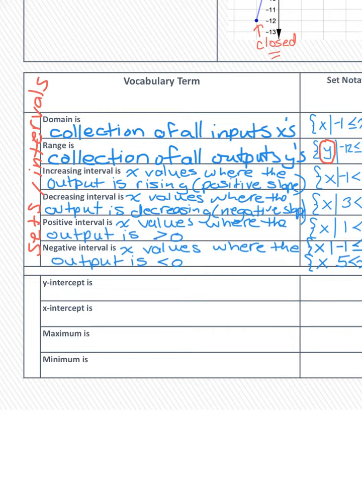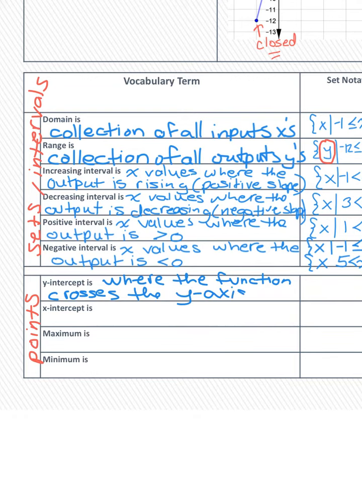Okay, the remaining terms are not sets of numbers. They're single values, or we could call them points on the graph. The first two are the intercepts. The y-intercept is where the graph crosses the y-axis. You're pretty familiar with that term, and it's a point.